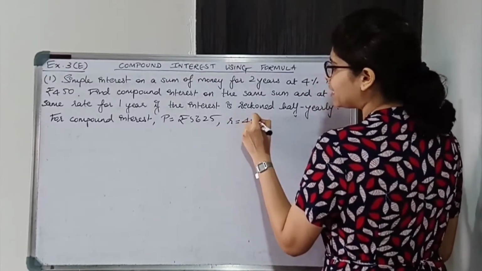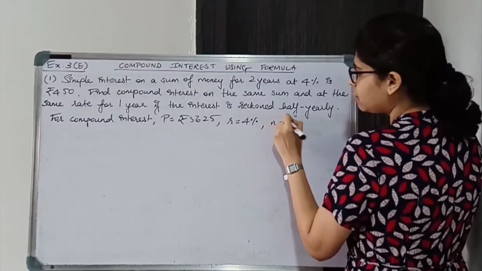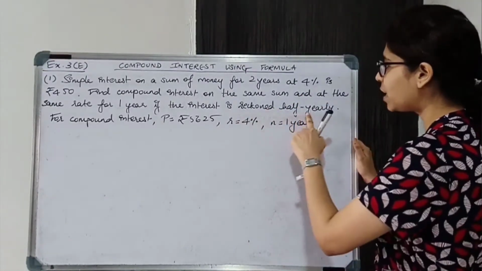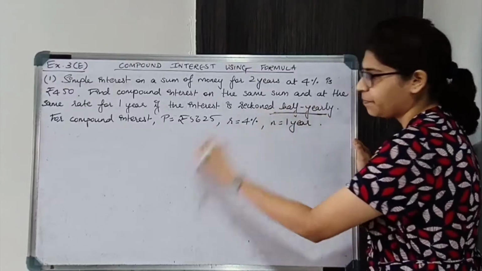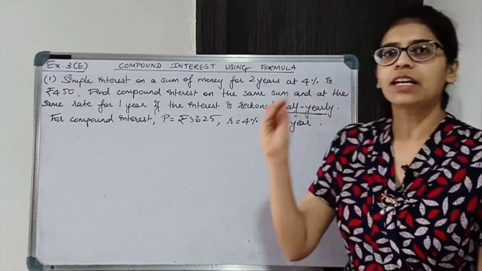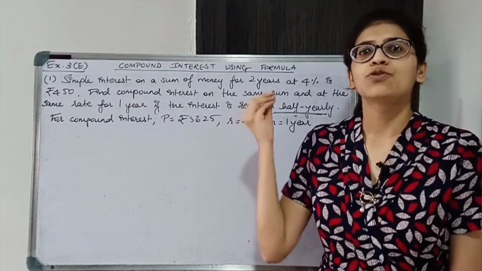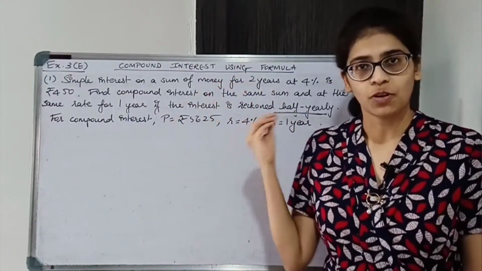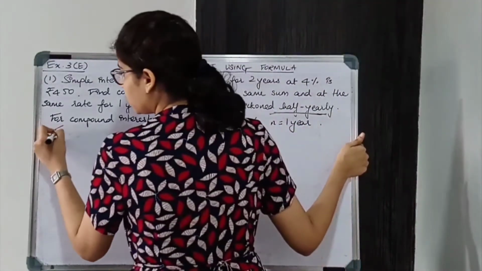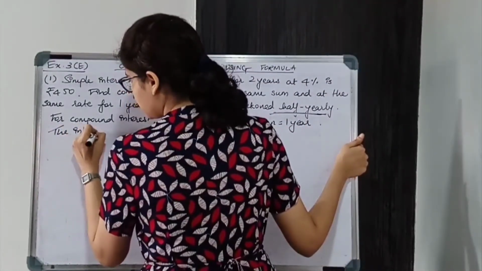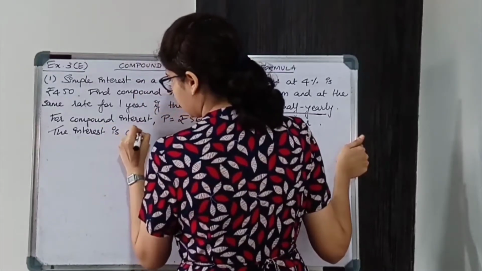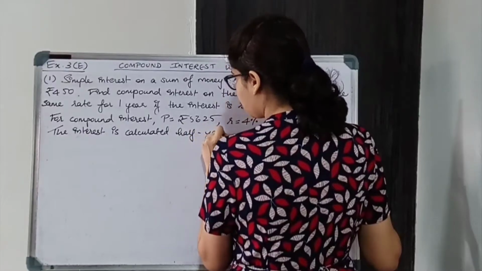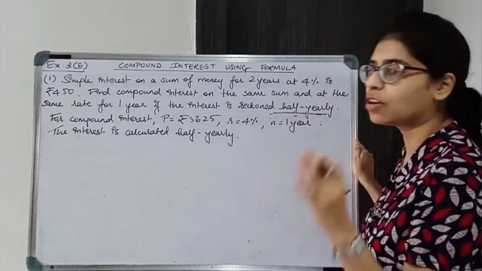R is 4%, N is 1 year, but the very important part, the interest is reckoned half yearly. That is, the interest is calculated after every half year. So you will divide the rate of interest by 2 and multiply the number of years by 2. Just write down that the interest is calculated half yearly. So you'll remember that you have to modify the formula of amount.